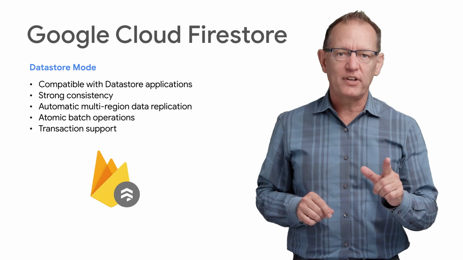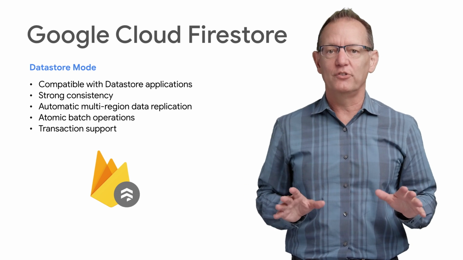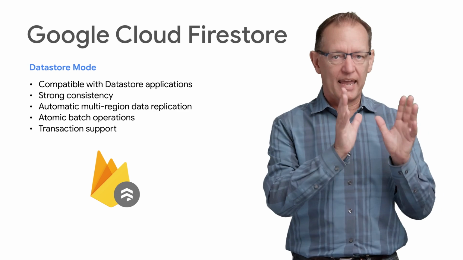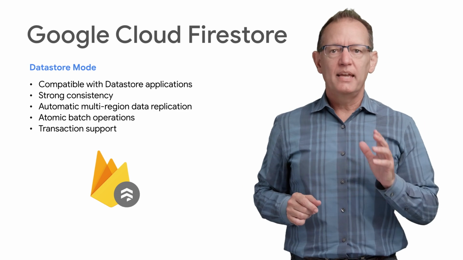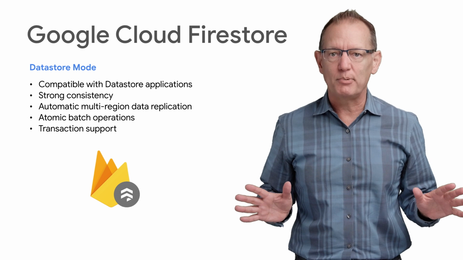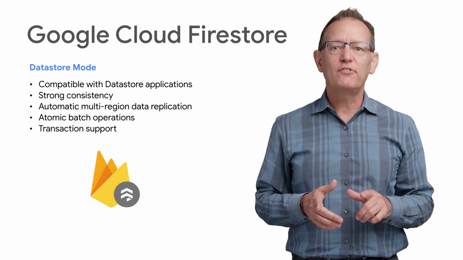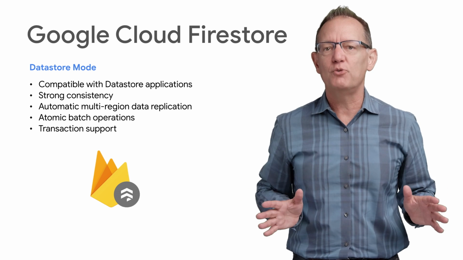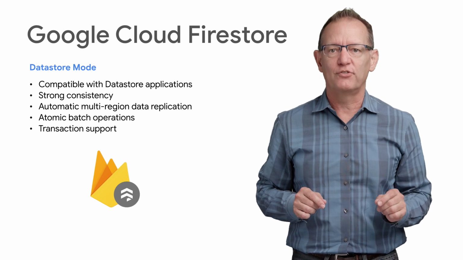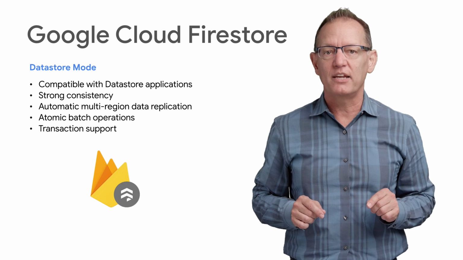The first thing to understand is that Cloud Firestore runs in two mutually exclusive modes, Datastore mode and native mode. In Datastore mode, Cloud Firestore runs all your existing Datastore applications and eliminates some of Datastore's restrictions. Cloud Firestore is built on an entirely new backend that brings the best of Google Cloud's powerful cloud infrastructure to existing Datastore applications.